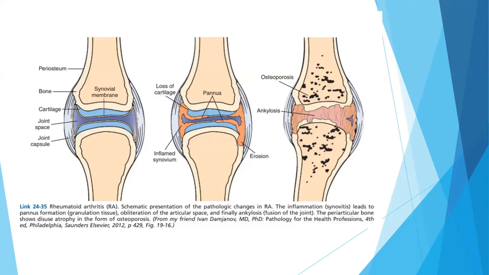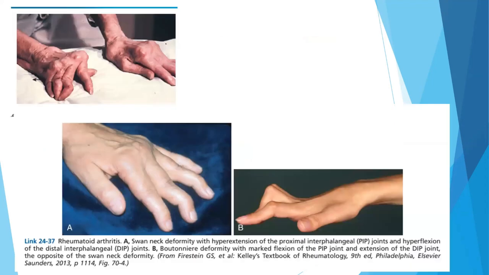And you can see the schematic presentation of pathological changes in RA. This is the normal joint, and this is the rheumatoid arthritis joint, where there is formation of pannus, inflamed synovium, loss of cartilage, and some bone erosions that can be seen. And again, you can see osteoporosis occurring along with ankylosis in advanced stages of rheumatoid arthritis.